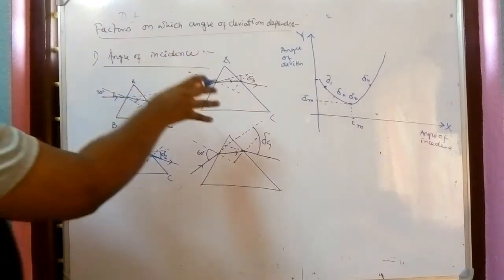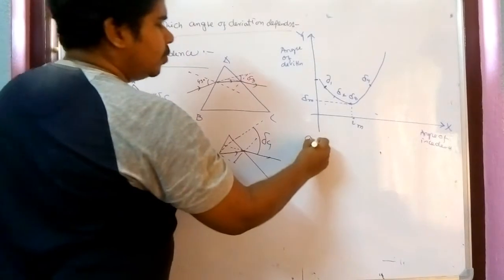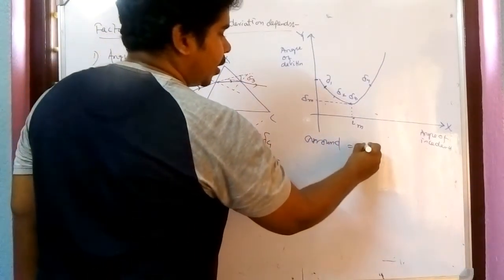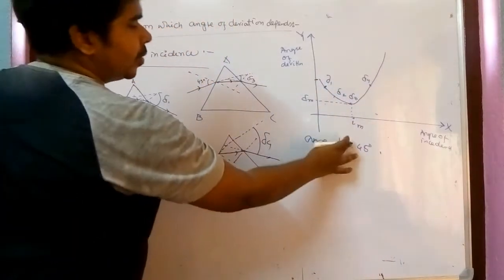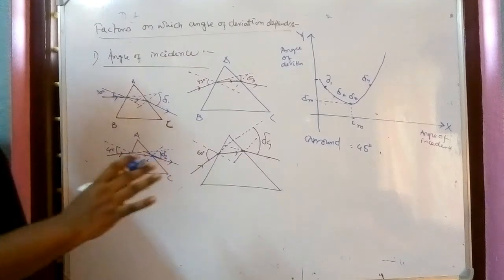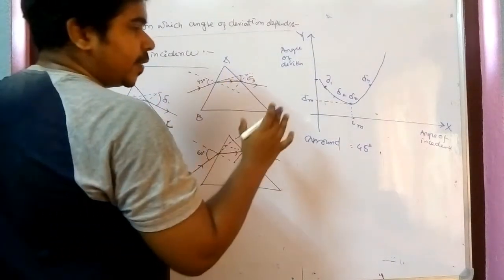For an equilateral prism, that will be around 45 degrees. And there we will get the minimum angle of deviation for a certain angle of incidence.